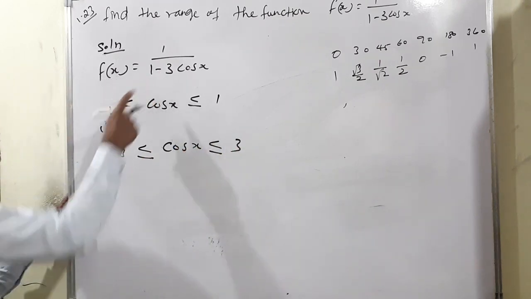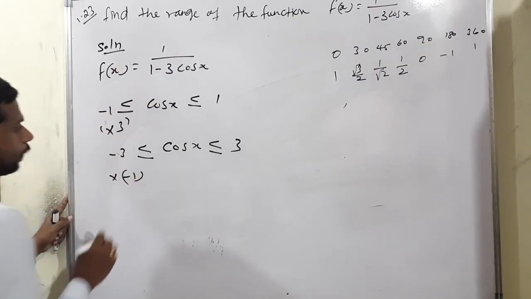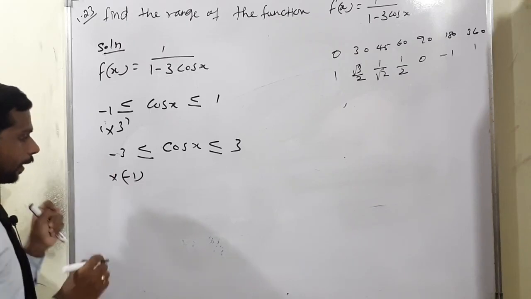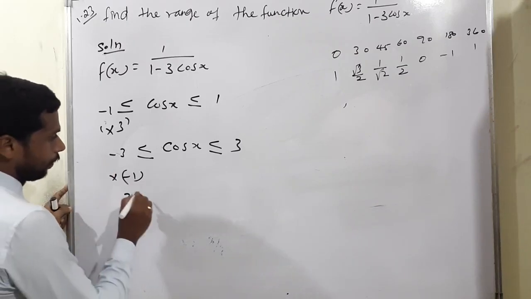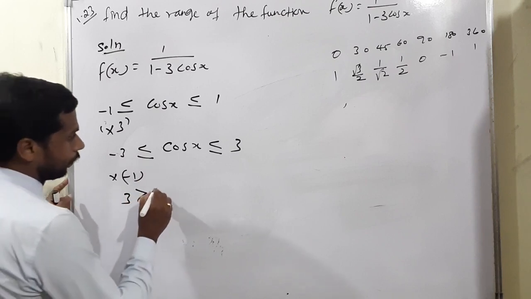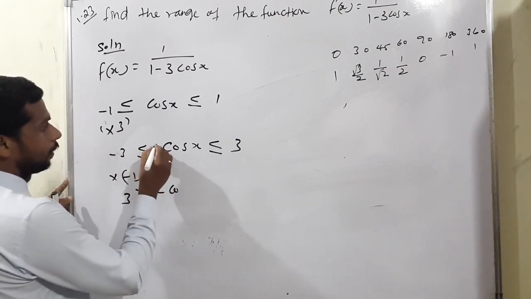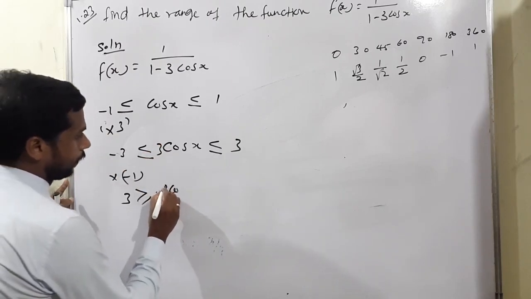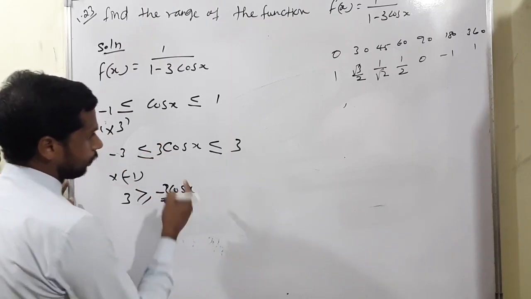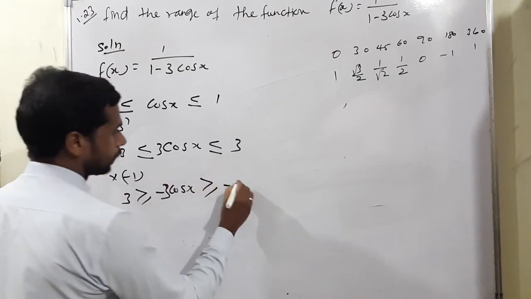Then again multiply by minus 1. Minus 3 into minus 1 is positive 3, but the inequality symbol also will be changed. Greater than or equal to minus 3 cos x, again greater than or equal to 3 into minus 1, which is minus 3.